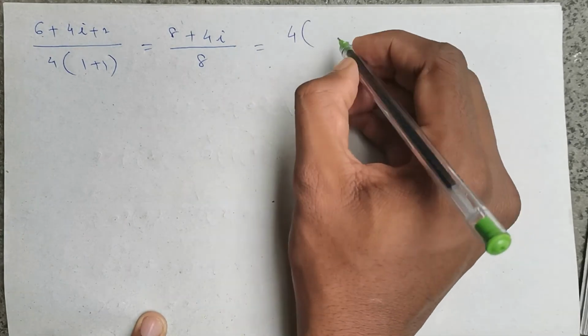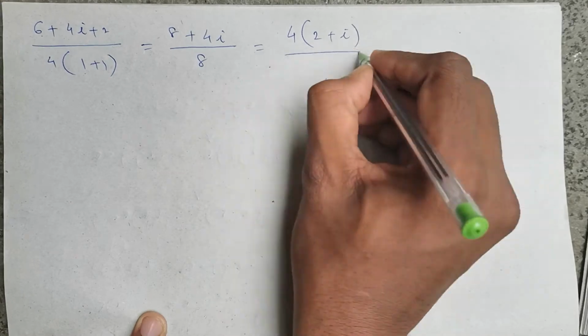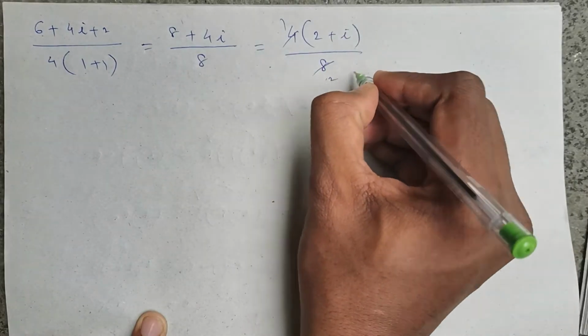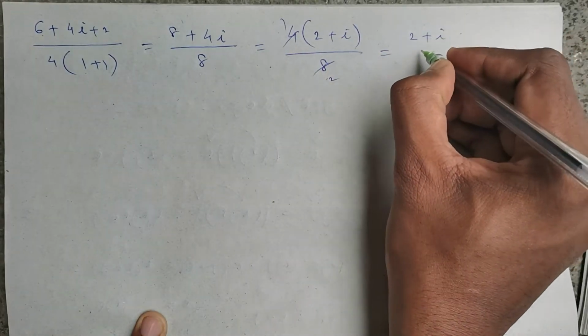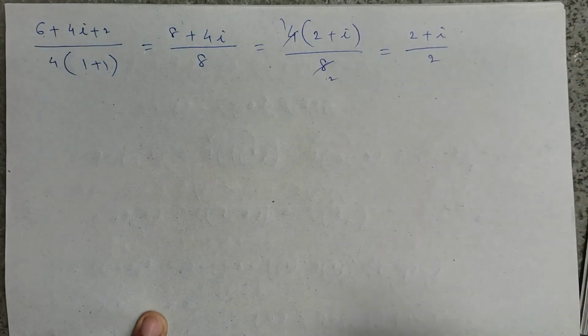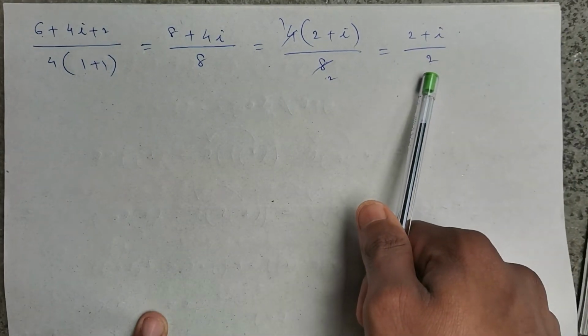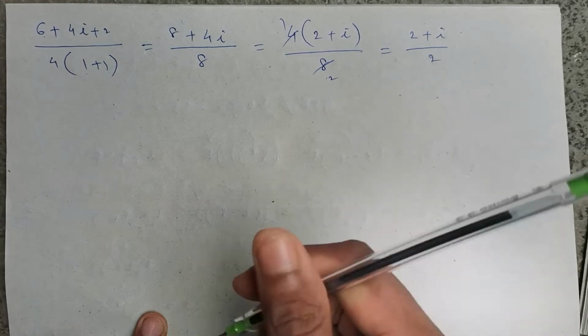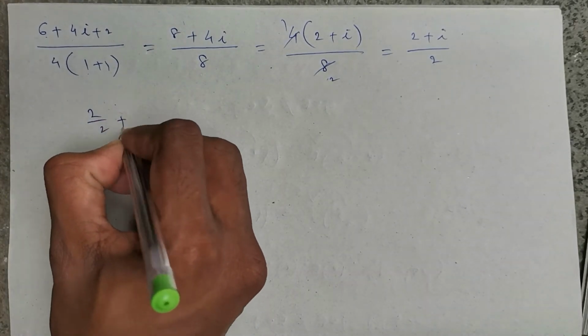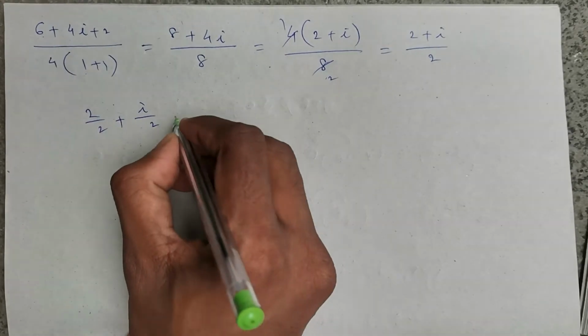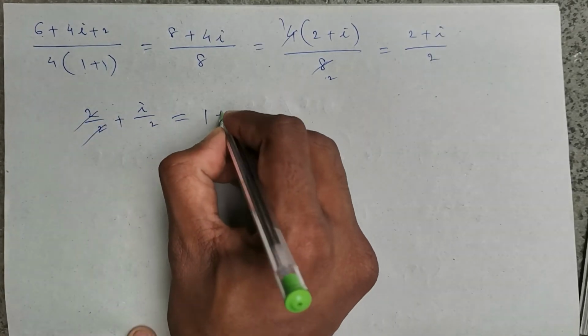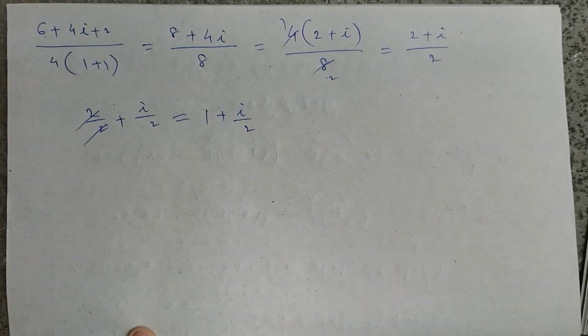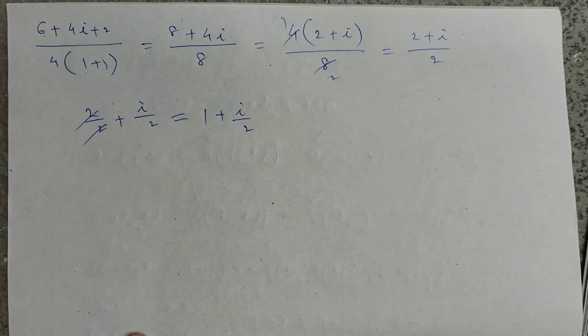So if I take 4 common, I remain with 2 plus i whole divided by 8, and 4 ones are 4, 4 twos are 8, so we get 2 plus i divided by 2. Now this denominator 2 is for all the terms of the numerator, so I will separate it: 2 by 2 plus i by 2, which is nothing but, 2 cancel, so 1 plus i divided by 2.